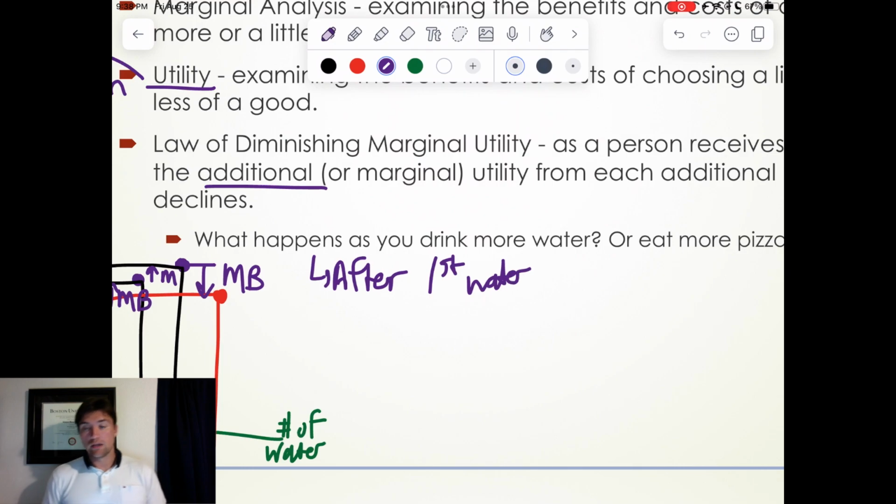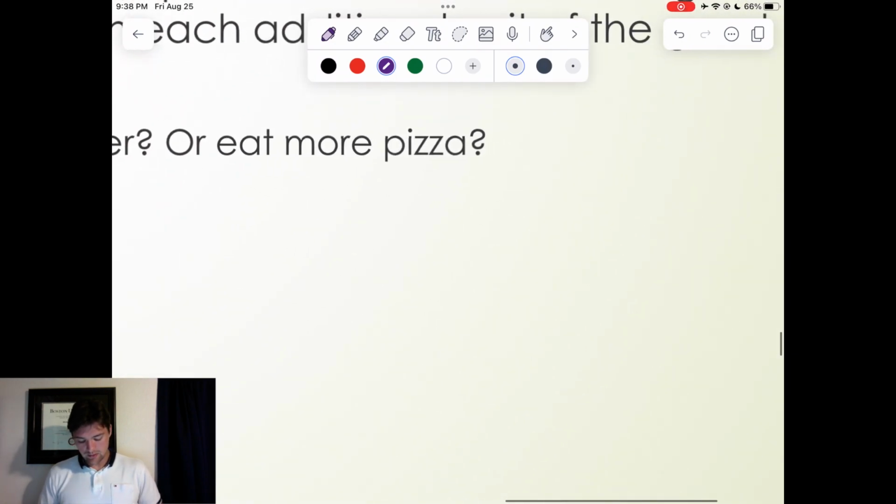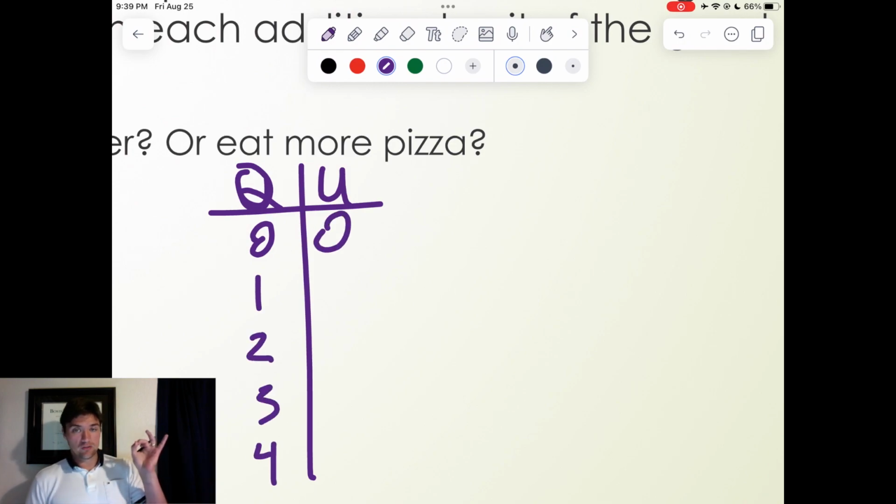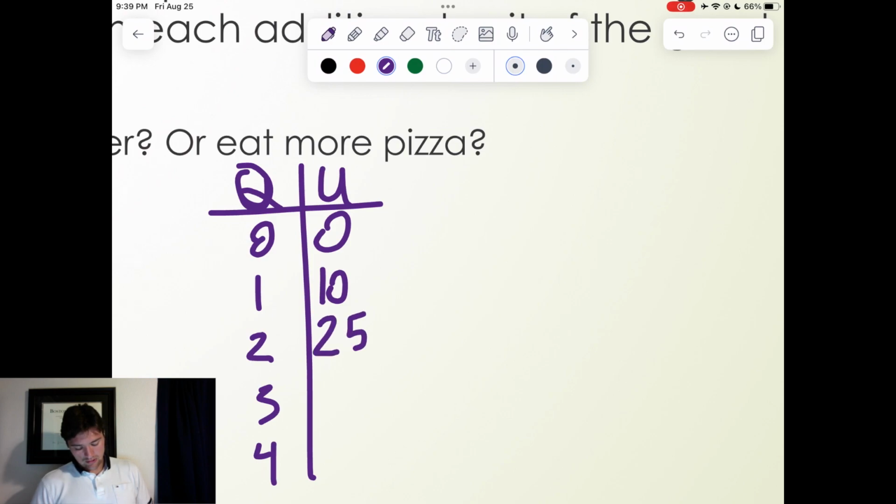Now, if we were eating pizza, let's do another example where we have quantity and we have utility: 0, 1, 2, 3, 4. If I'm not eating pizza, I'm not happy, 0. So then I'll go 10, 25, and then I'll go 30, and then 31.